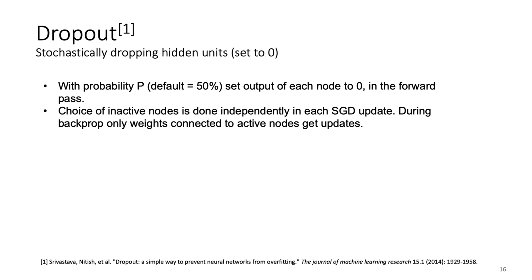Normally that probability is 50%. You can play around with the hyperparameter, but the default is 50%. So at each of the training stages, we randomly select half of the neurons and set them to 0. We drop them out of the equation when we are doing the feed forward.